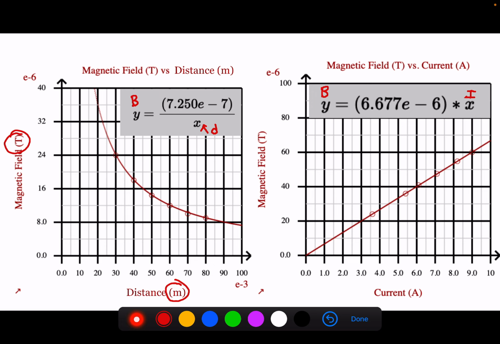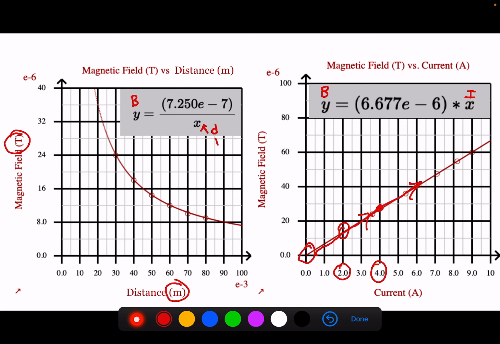And we can see that it was a proportional relationship. Zero current would make zero magnetic field, and as we increase the current, we increase the magnetic field in a proportional relationship. If we were to double, so we go from 2 to 4, if we double our current, we're going to double our magnetic field. So these are the relationships that we found in lab.